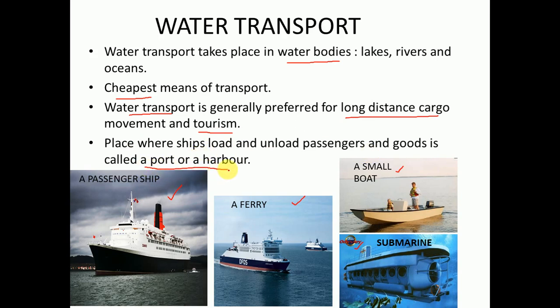Right? जहाँ पे ships अपने सारे पैसेंजर को उतारती है या वहां से लेती है और गुड्स को भी वहां पर उतारती है या गुड्स को वहां से भरती है अपने शिप में, that place is called port or a harbor. Right, it's like railway station जहां पे ट्रेन आके रुकती है and people then get into the train और they get out of the train. Right, same at port or harbor, the passengers either they load in the ship or they unload from there.